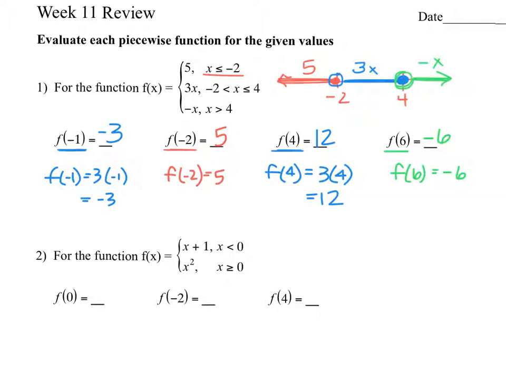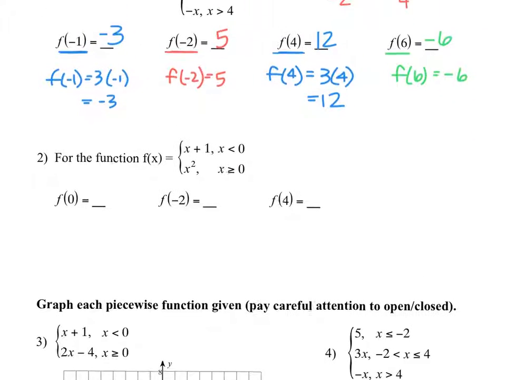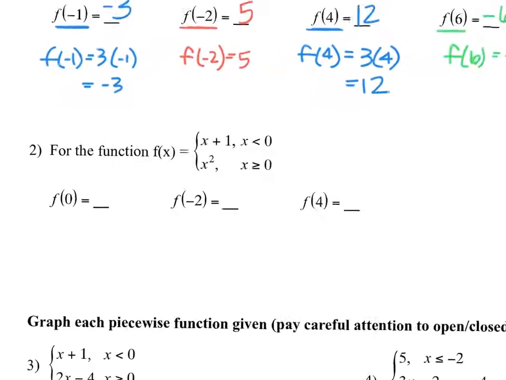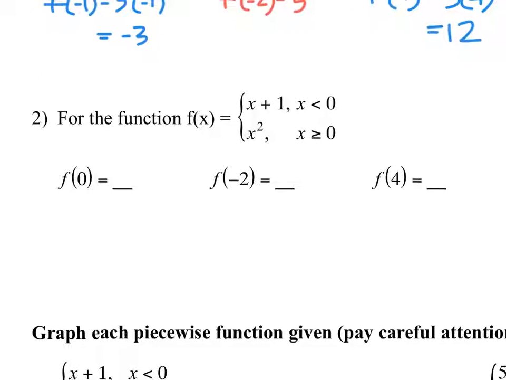All right, hopefully that made some sense to you. I'm going to try question 2 real quick. I'm just going to do that one again, see if that helps solidify what we did in question 1. So if we look here at question 2, I'm going to start by making the domain for myself with the equations. It looks like the only important point here is at 0, so that's the only turning point.